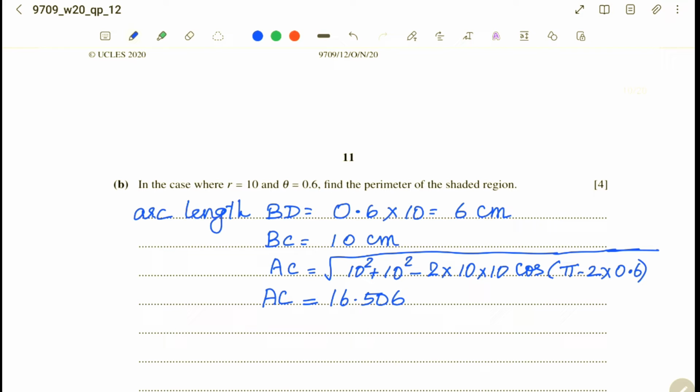Okay, we need to calculate DC. This is equal to AC minus AD. AC is 16.506 and AD is given as 10. So DC is equal to 6.506.